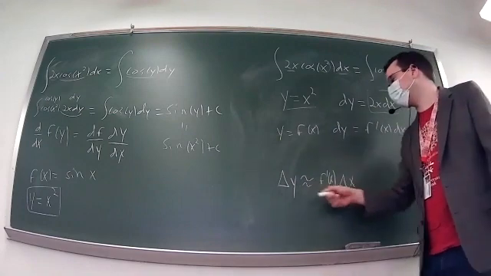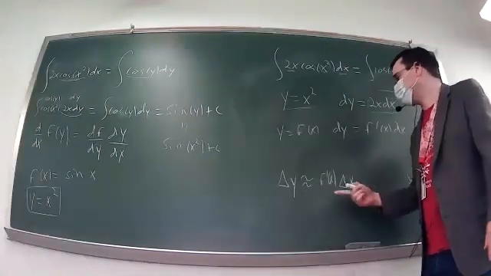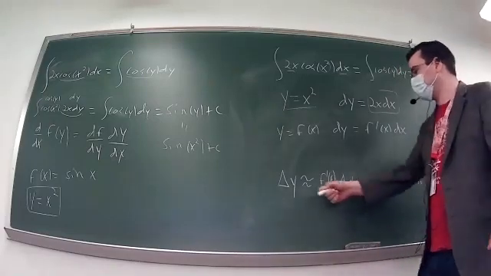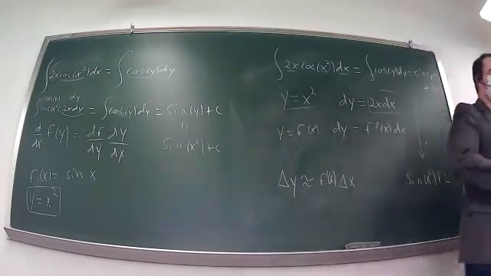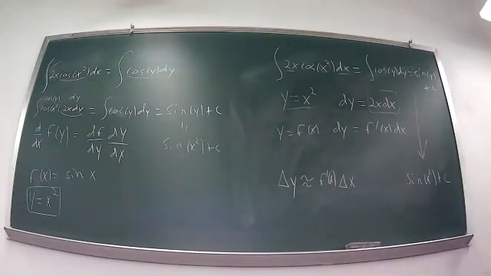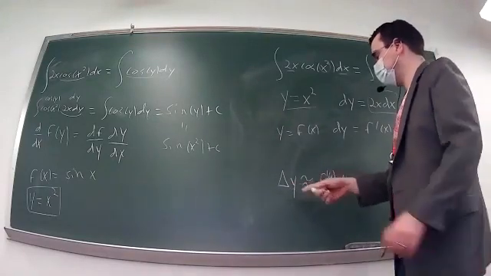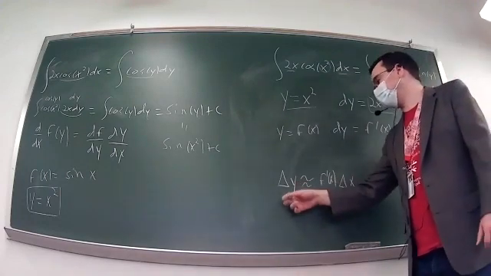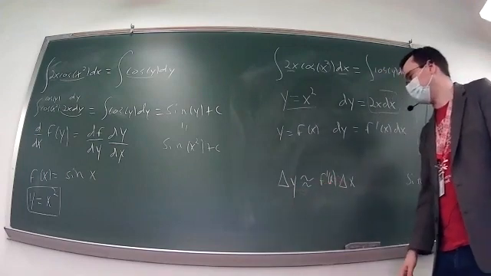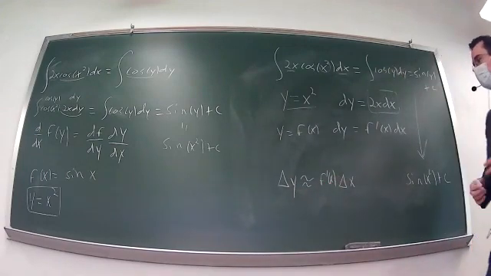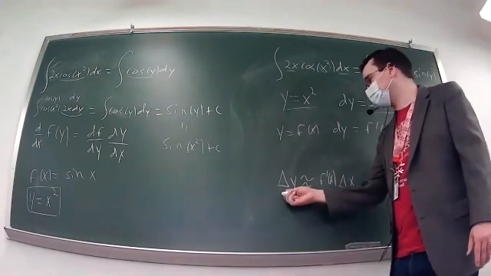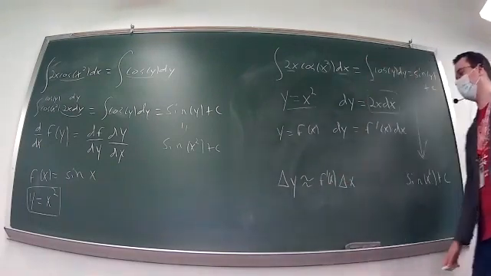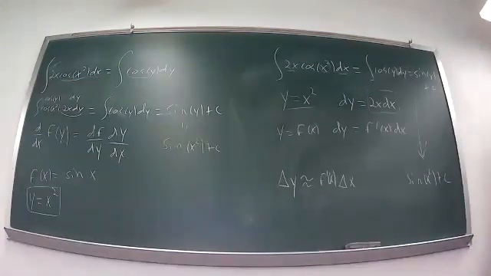It's telling you that the slope of the tangent line is equal to the derivative at that point. And delta y over delta x, of course, is the slope of a secant line. So if you take a small change, meaning the secant line is close to the tangent line, then delta y over delta x will be roughly equal to f prime. Or in other words, if you want to estimate a small change in f, you can calculate the derivative at a point and multiply it by a small change in x.